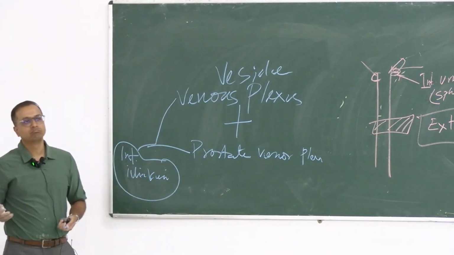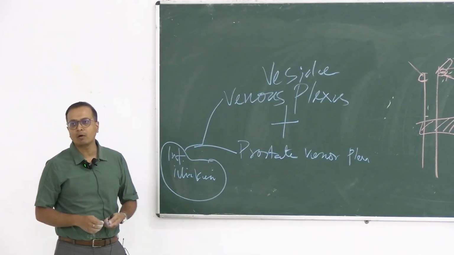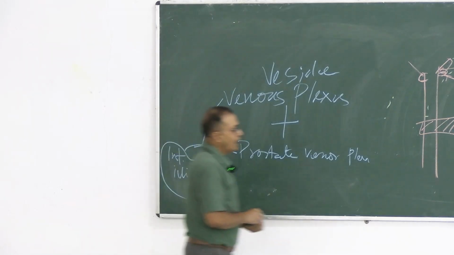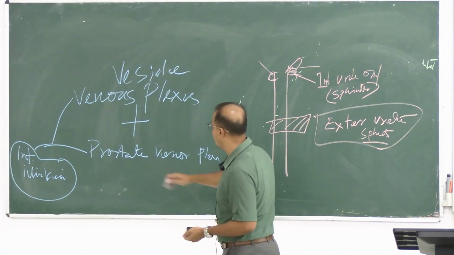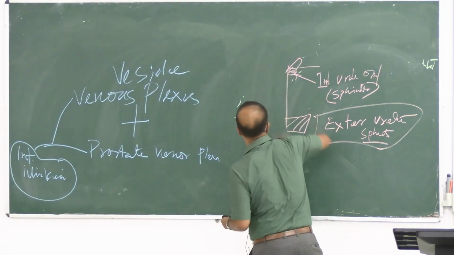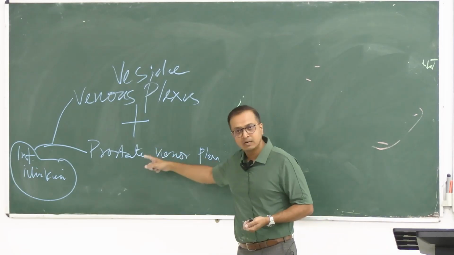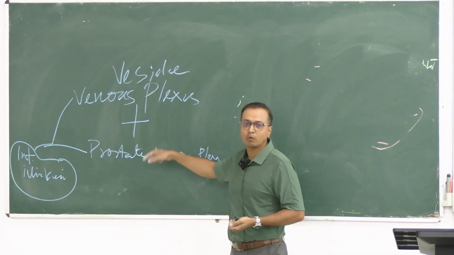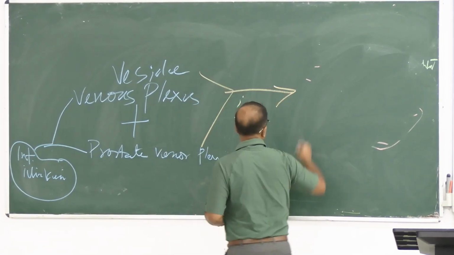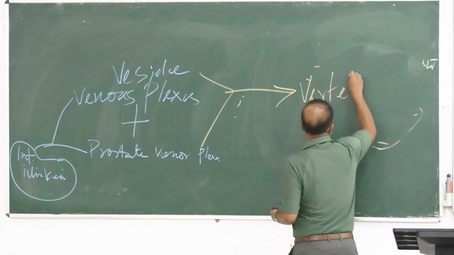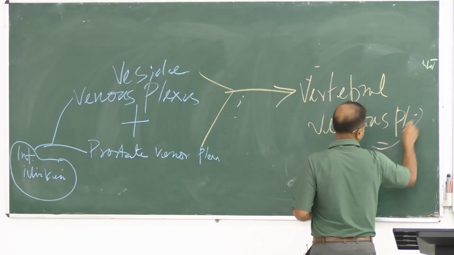Now, there is no dissimilarity or nothing special about that. What is special about this plexus is that in addition to draining to the internal iliac veins, which are systemic veins, this vesical along with the prostatic venous plexus, we call the vesicoprostatic venous plexus, has a communication with the vertebral venous plexus.